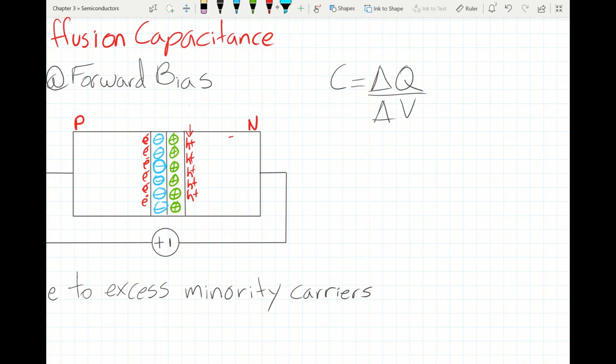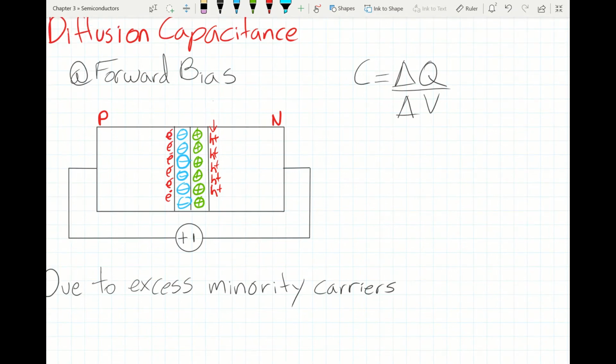And that takes some time. This time is what we call minority carrier lifetime, in this case for holes. So that minority carrier lifetime is the average time it takes a minority carrier to recombine. So the time it takes this minority carrier hole to recombine with a majority carrier electron, that's called minority carrier lifetime. That's one time.